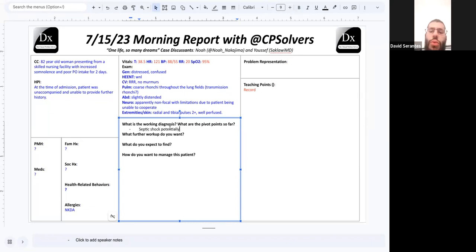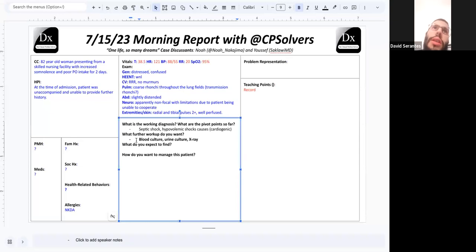Although we have to rule out other causes of shock, other causes of distributive, but also cardiogenic, hypovolemic, etc. The further workup immediately would be labs with also a venous blood gas, and probably blood cultures, urine cultures, and an X-ray for ruling out other causes of shock.